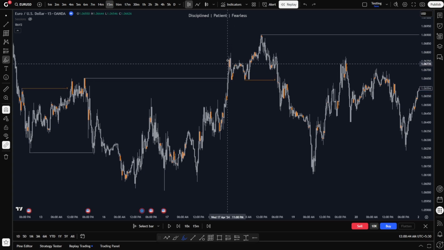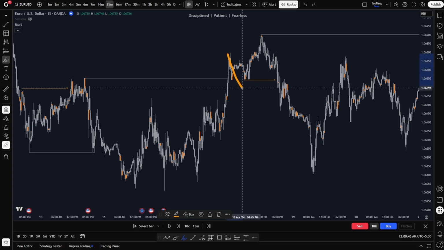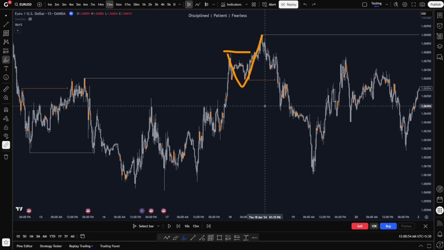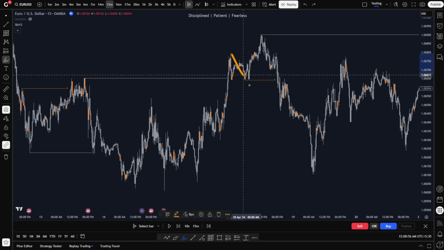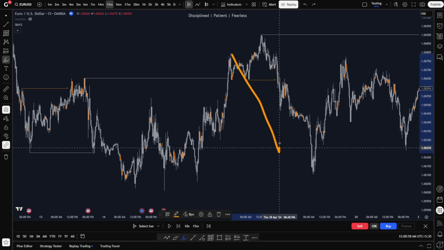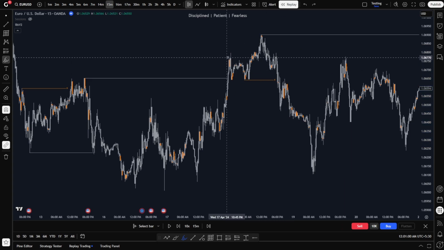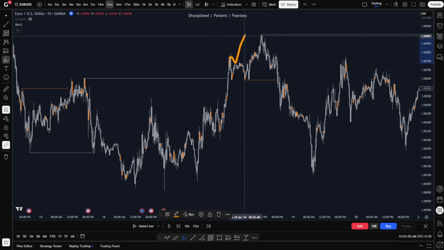After BOS, the market gave us a slight pullback, and then once again this small minor high was broken by the market, right? If you see closely, this pullback is not too big, too deep like this, and at the same time it's not too shallow and minor like this.